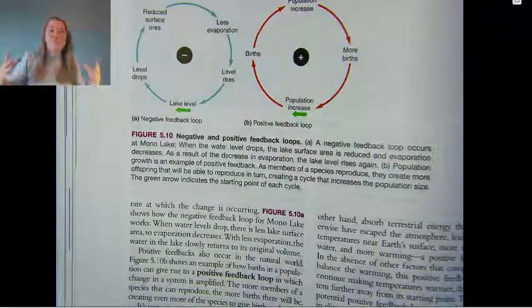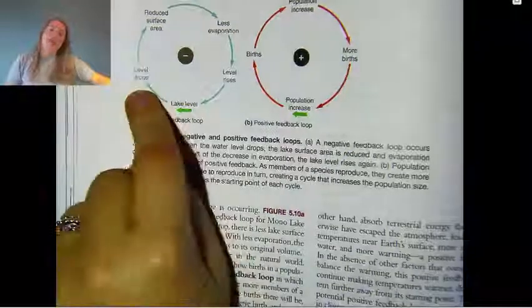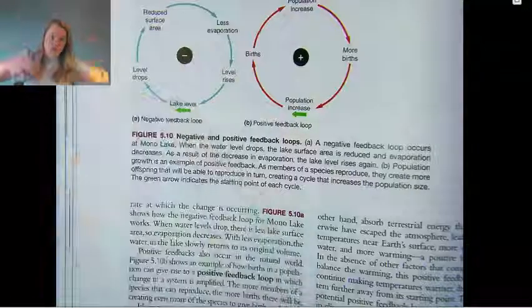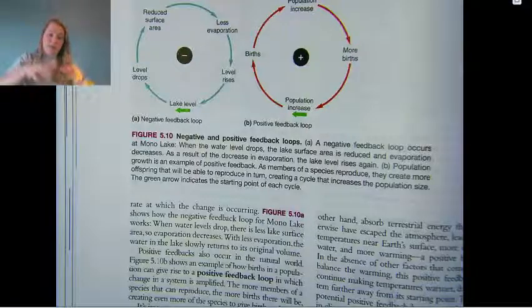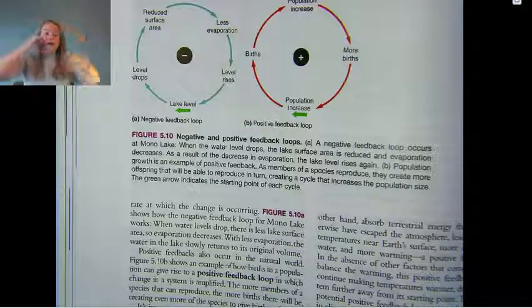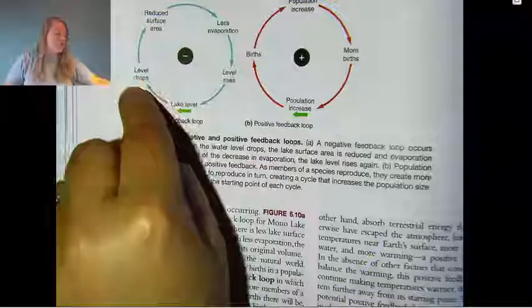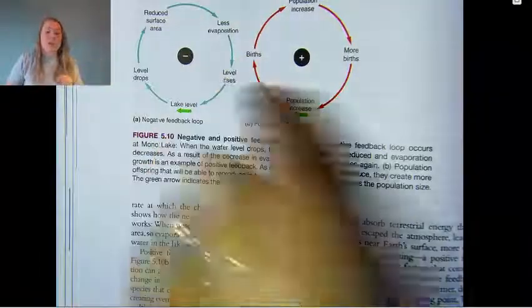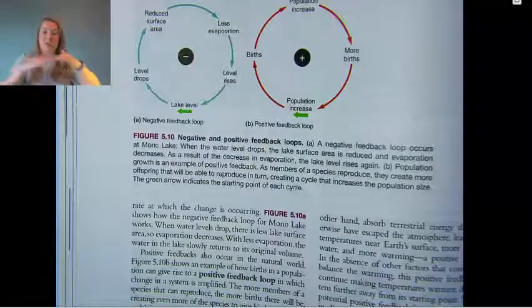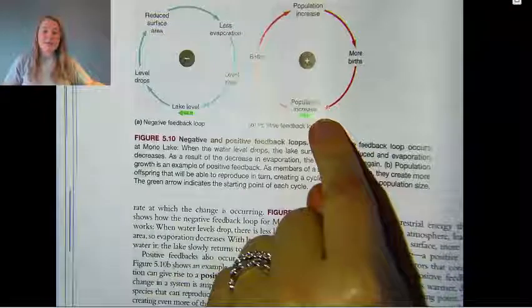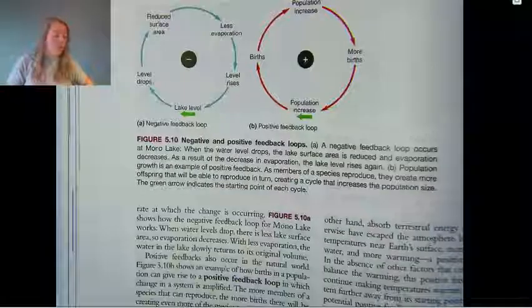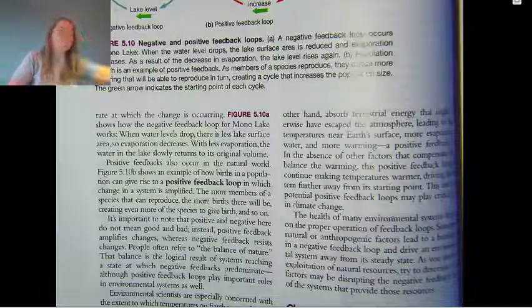It means you have more evaporation, which means your lake level is going to drop. And when it drops, you're reducing the surface area, less evaporation, then your lake level will come back up. So change leads to less change. So it cancels each other out in a negative. In a positive, change leads to more change.